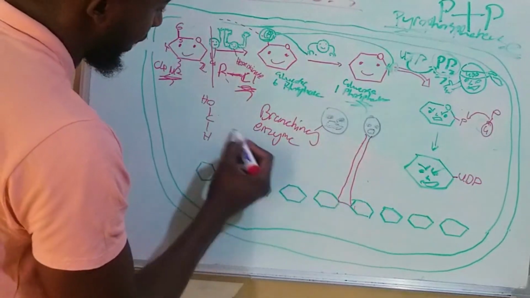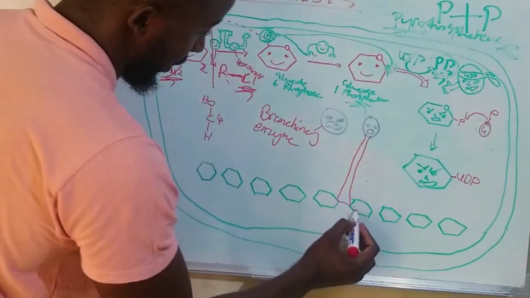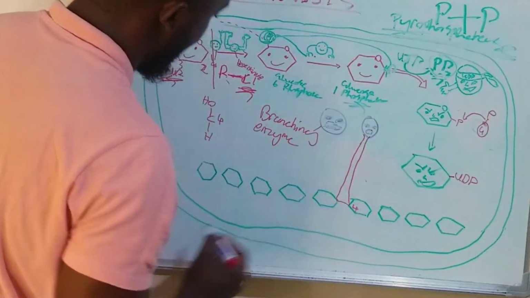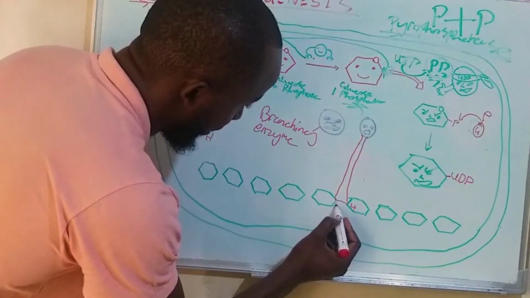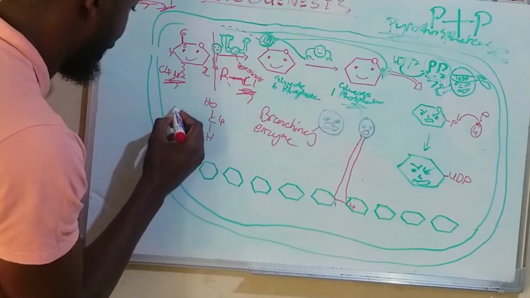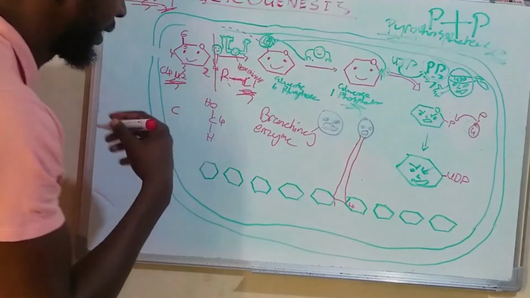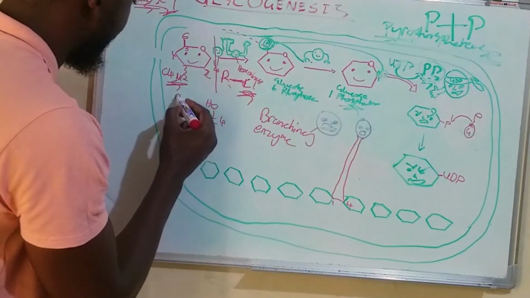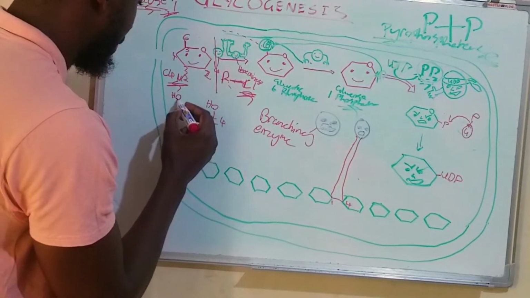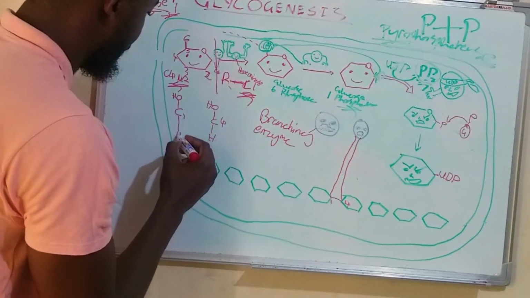Oh, sorry, this is the carbon number 4 we're talking about here. Carbon number 4. Suppose this other guy here, this carbon number 1, is this guy here. Now, in a situation where this carbon number 1 has an OH here as well, up on top, H down.